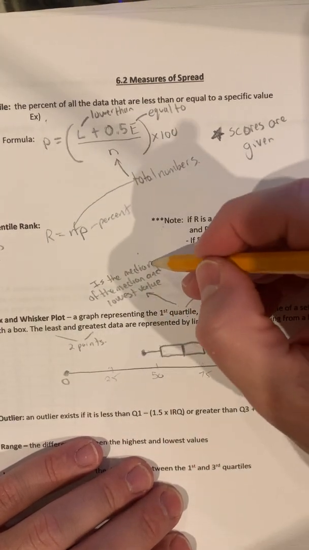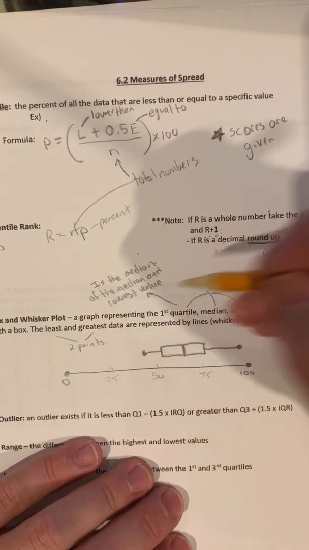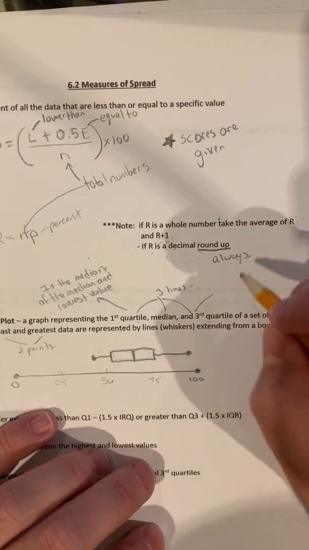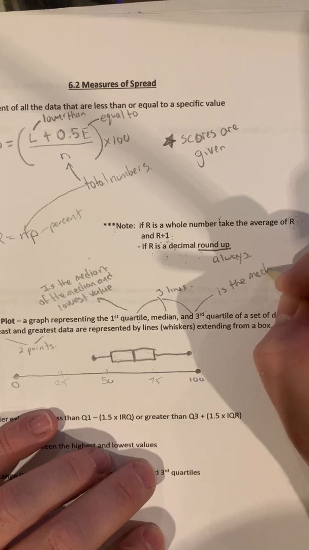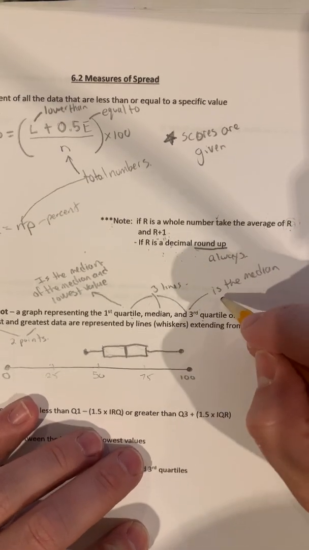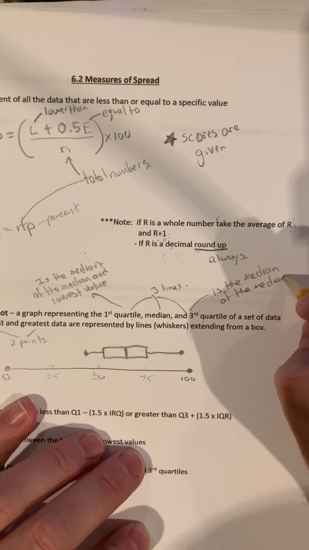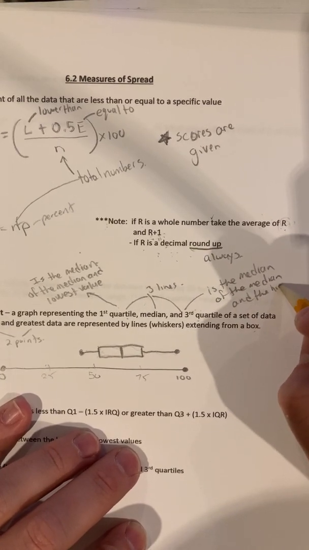So it's the middle value between the middle value and the lowest value. And I'll show you the example. The third quartile is the median as well, but of the median and the highest value.